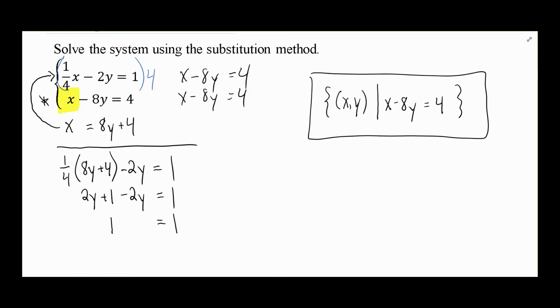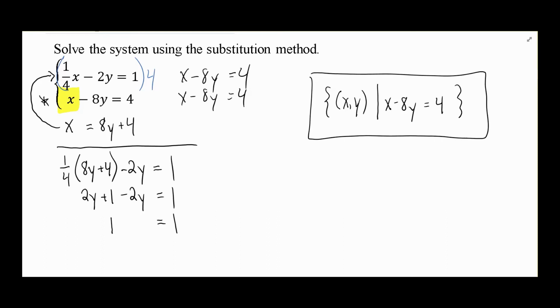But I want to make sure I show this example to point out algebraically what it's going to look like when we have an infinite number of solutions. So when you get down to one equation, one unknown, and you get something like 1 equals 1, 5 equals 5, 0 equals 0, that's going to tell you there's an infinite number of solutions. Now, it's really important that you had done the work prior to that correctly.